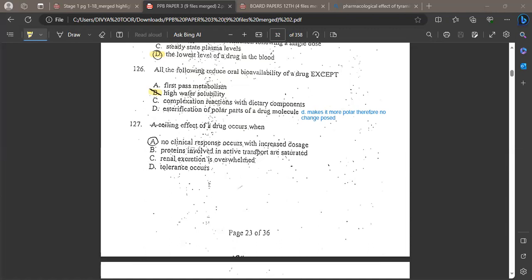Okay. A ceiling effect of a drug occurs when no clinical response occurs with increased dosage, proteins involved in active transport are saturated, renal excretion is overwhelmed, and tolerance occurs. Ceiling effects ni?